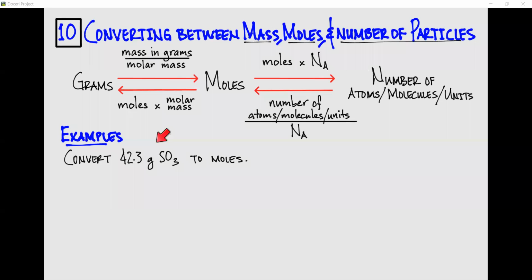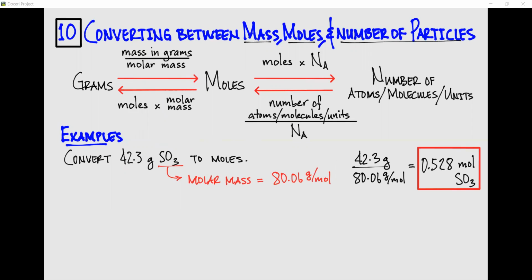So you have to determine the molar mass of sulfur trioxide. So the molar mass of sulfur trioxide, after calculating it, is 80.06 grams per mole. So all you have to do now is divide 42.3 by 80.06, and you get 0.528 mole of sulfur trioxide.